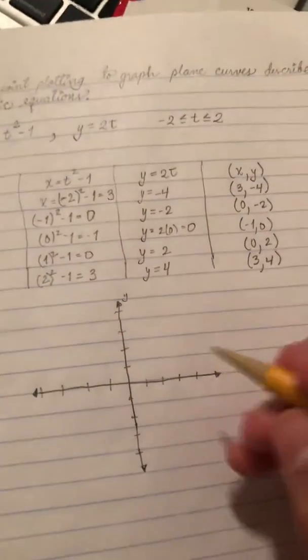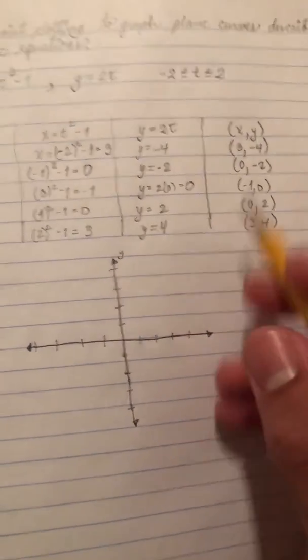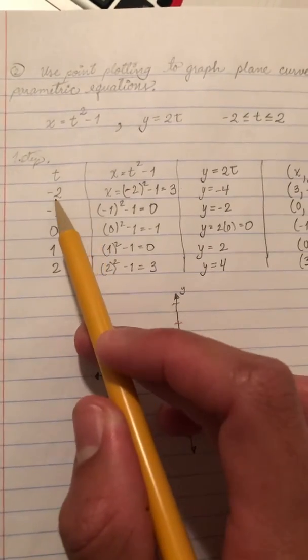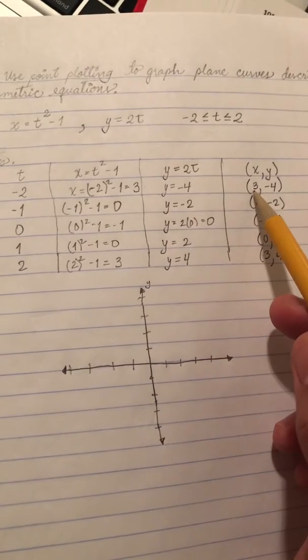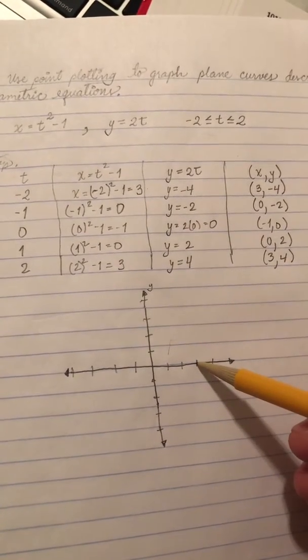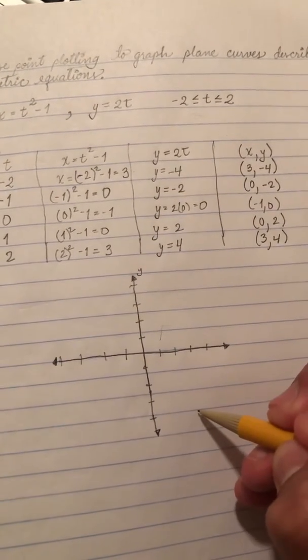Sorry for the graphic, I didn't use a ruler. So we are going to plot first when t is equal to negative 2. So it's going to be x is 3, and then y is going to be negative 4.